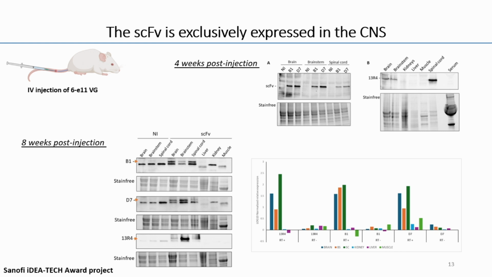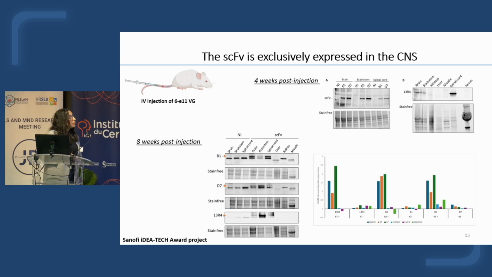And we injected them for over a 4-week and an 8-week period. Both timelines gave us very similar results with respect to the expression of the His tag, which is what's bound to the scFv, so that we know that they're expressed. And what's nice is that we found expression of the His tag for both D7 and B1 to be fully localized to the central nervous system.